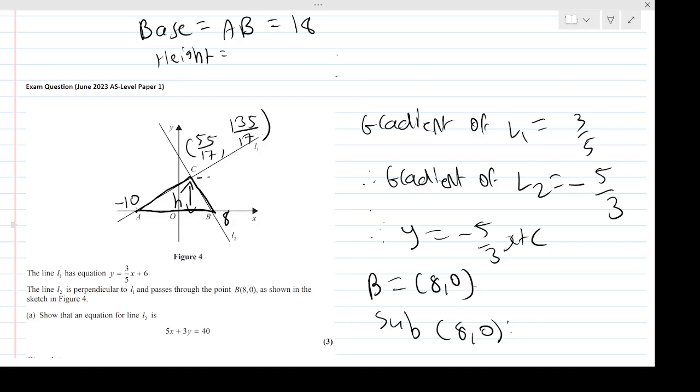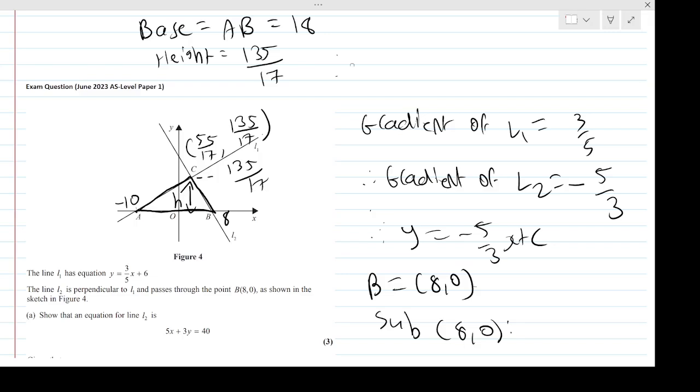Because the y coordinate of C was 135 over 17, right? So we're going from 135 over 17 to the x-axis at 0. Therefore the height is simply 135 over 17. That's the vertical distance from the x-axis to C. There we are. So now we've got our ingredients to find the area.